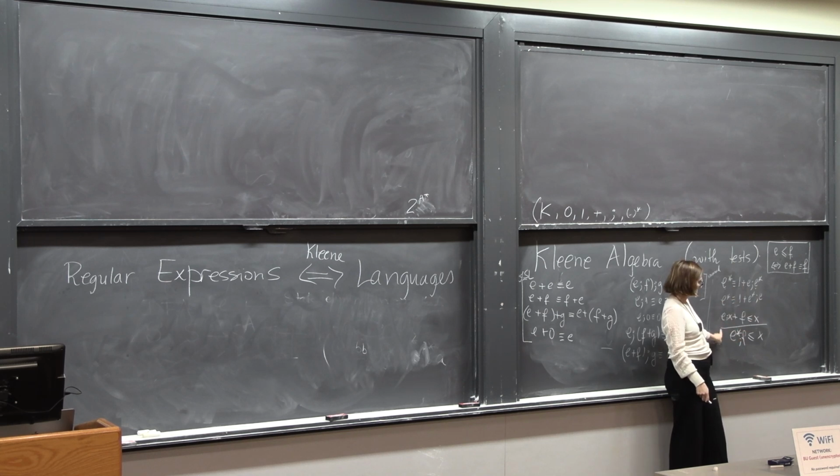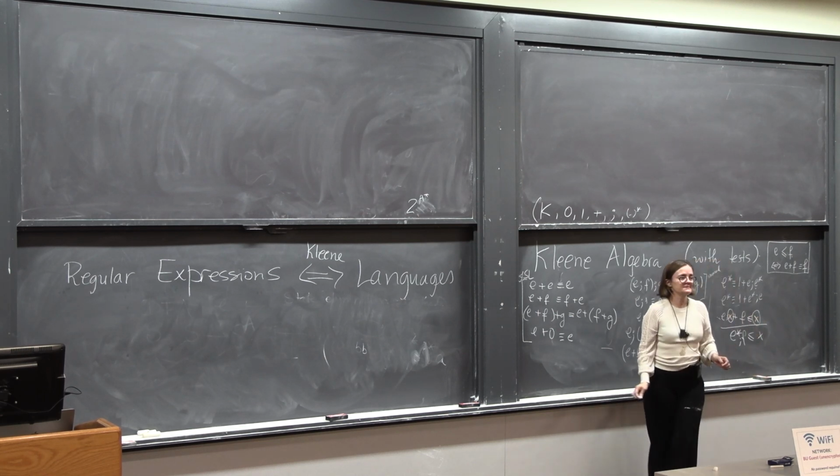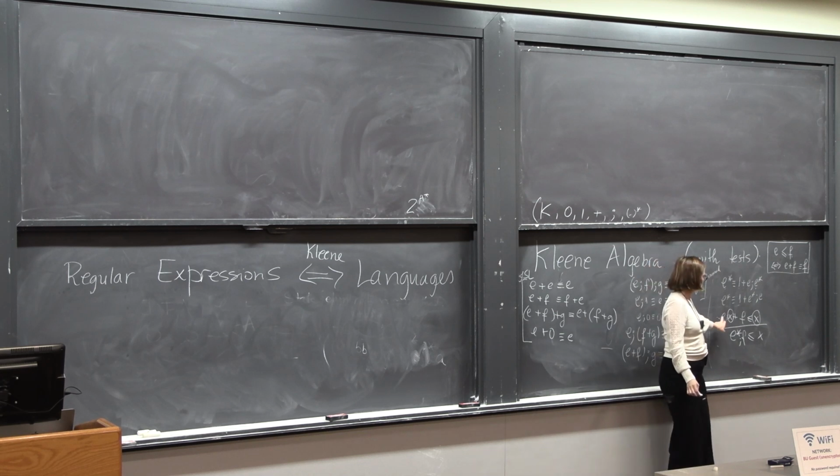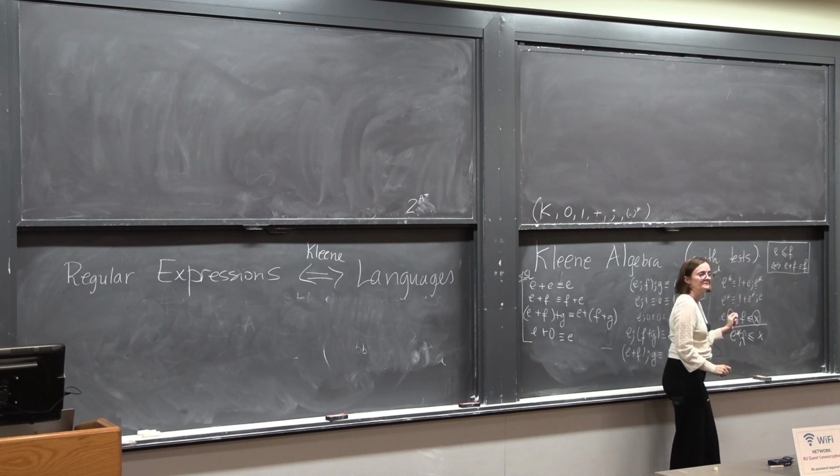So this rule allows me to go from a recursive inequation, because you see you have the x appearing on both sides, and it tells me that the solution of these, the least solution, is E star F. And this is the left rule, and you can do a right rule as well, where the x and the E are swapped, and then the F and the E star are swapped.